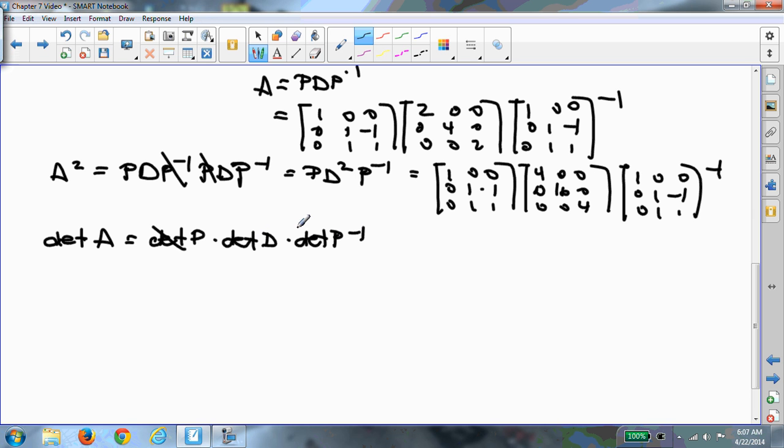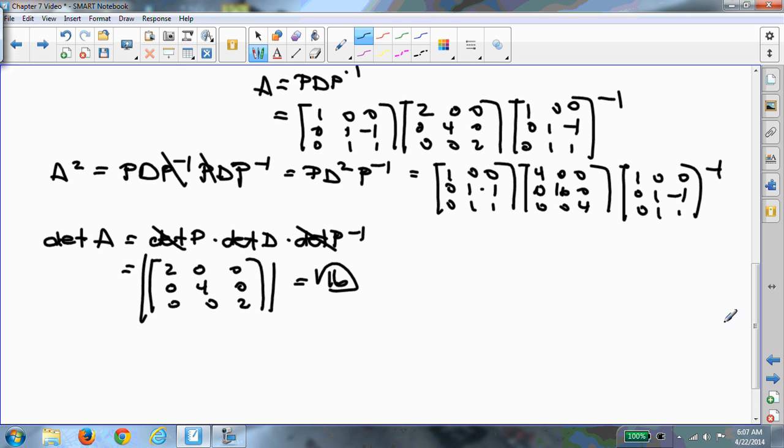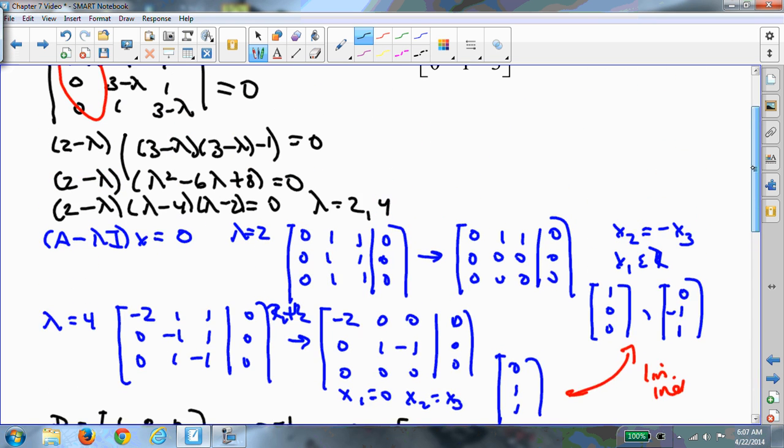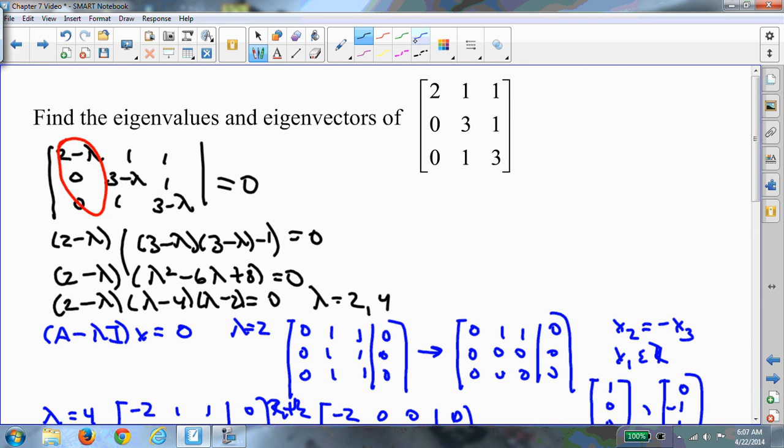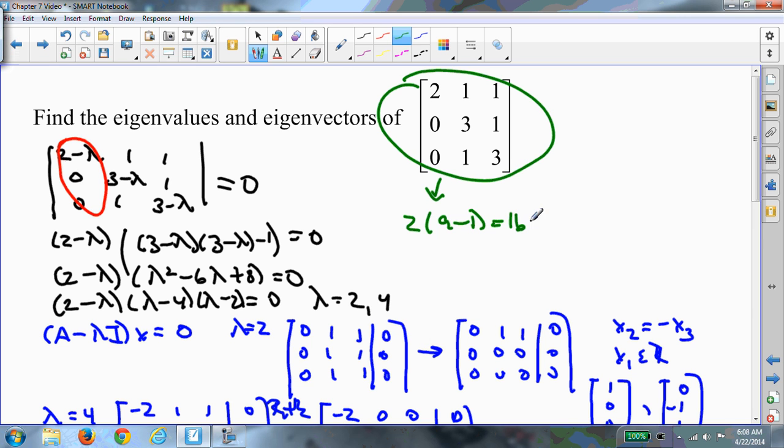But these two equal 1, so the determinant of A equals the determinant of D. The determinant of D, [2, 0, 0; 0, 4, 0; 0, 0, 2], equals 16, which is the product of the eigenvalues. And if you go all the way back up here and take this determinant the old-fashioned way, I would get 2 times 9 minus 1, which is 16, and that checks out.